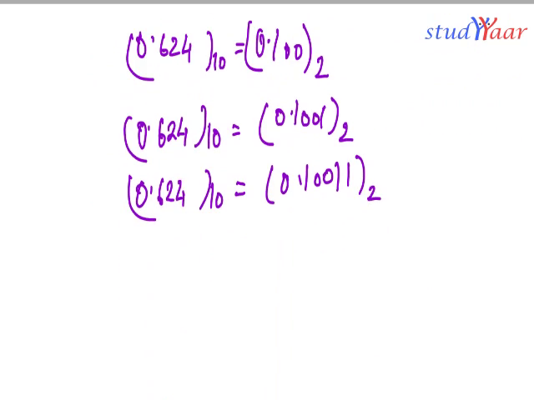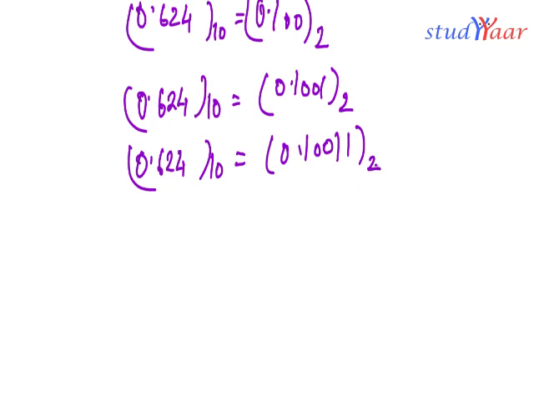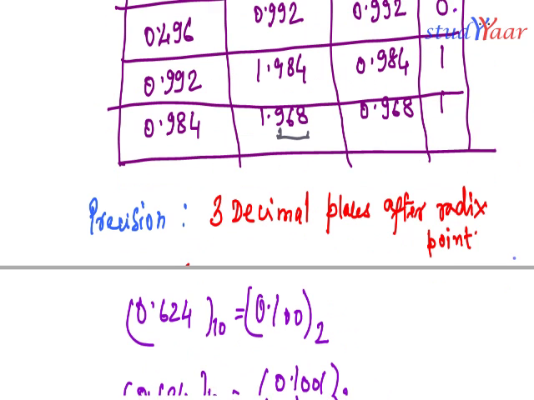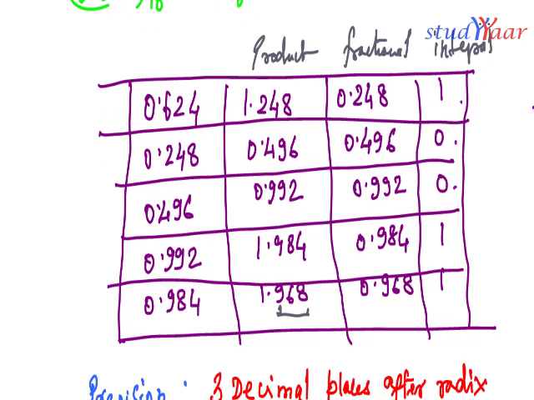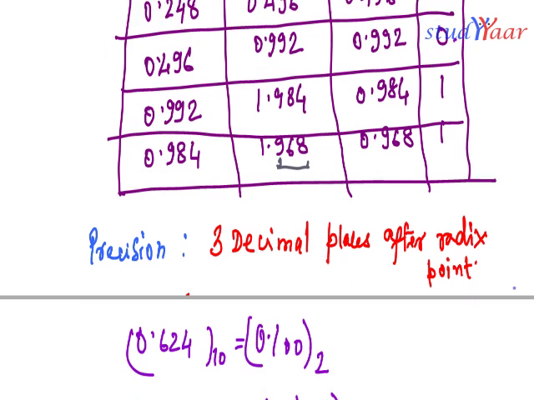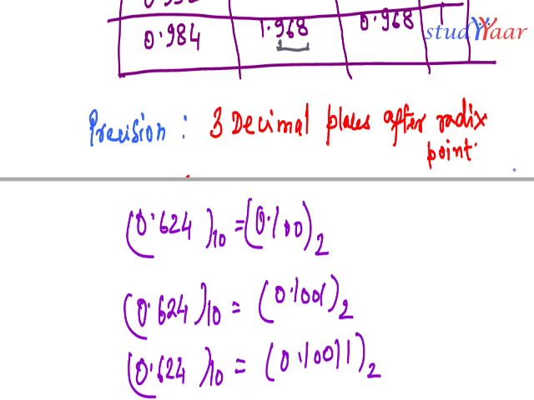But just understand, this is going to be an approximate value. We are never going to find out a correct value if we are not getting a fraction in which we have 0 in the product fraction. Until we get 0 in the fraction of the product, we cannot say that this is a correct equivalent value.